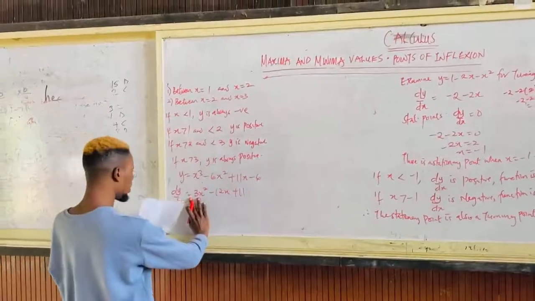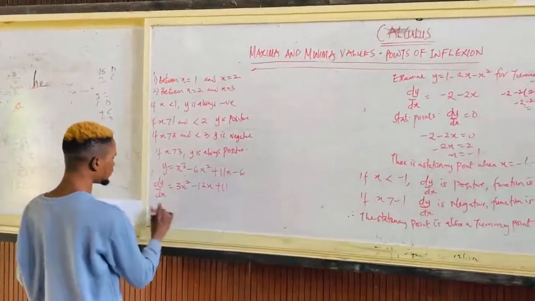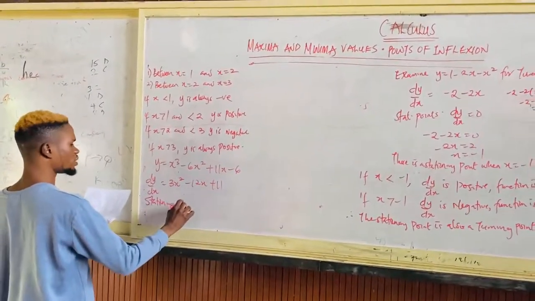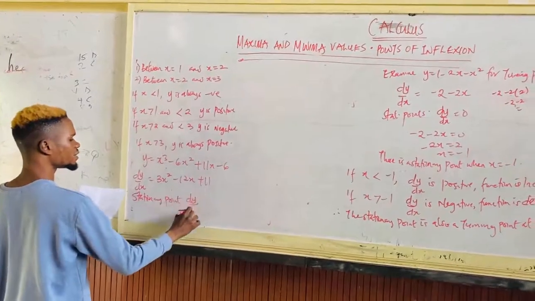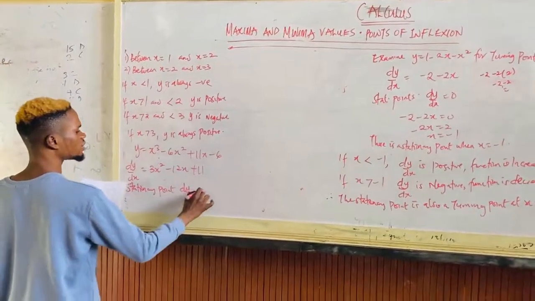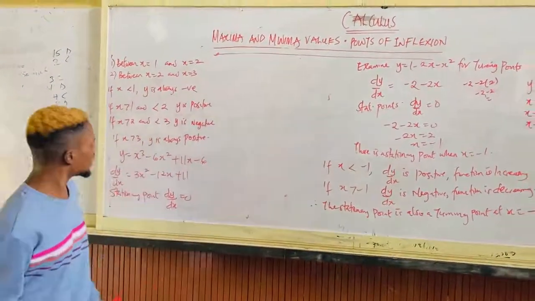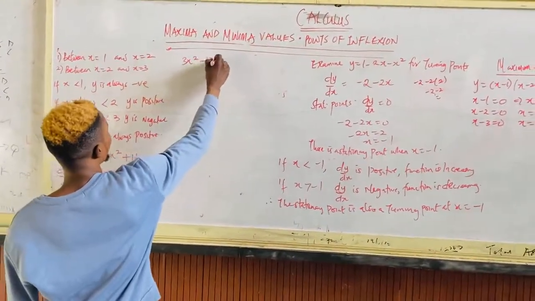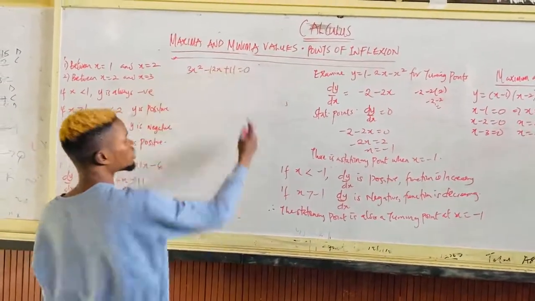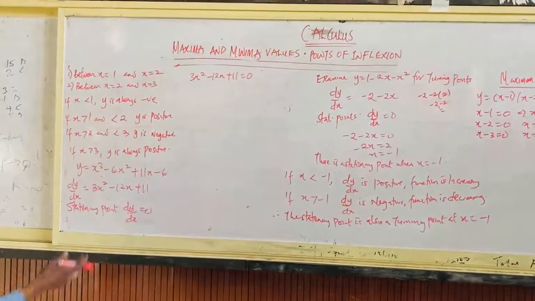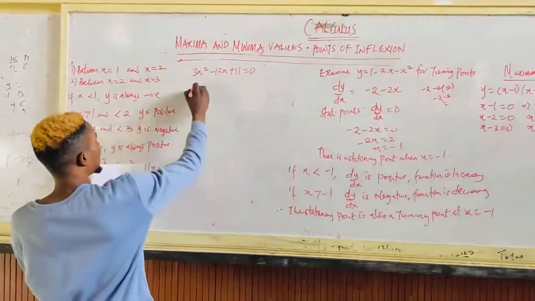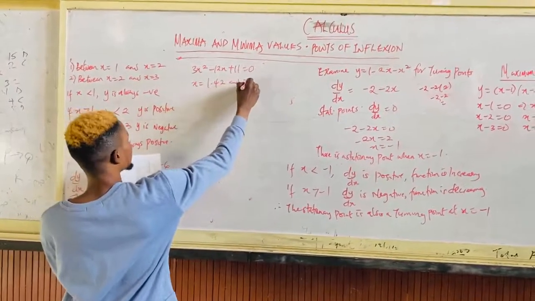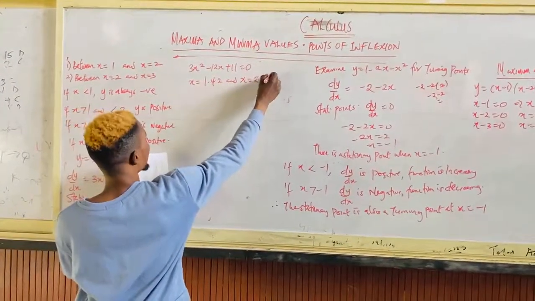So 3x squared minus 12x plus 11 equals 0. If we solve this, we get x is equal to 1.42 and x is equal to 2.58.